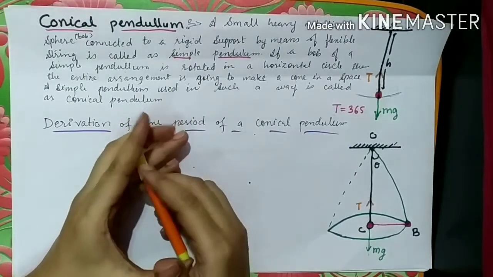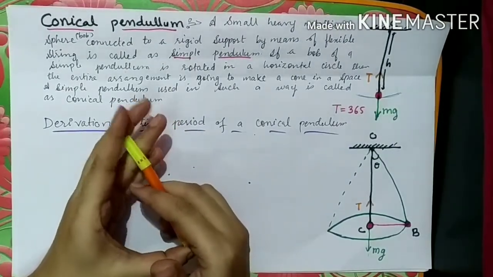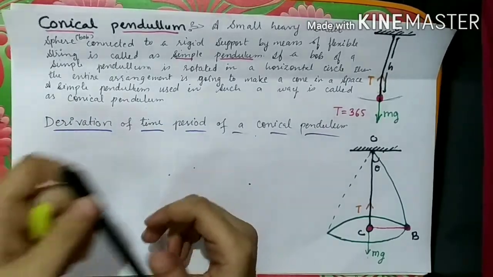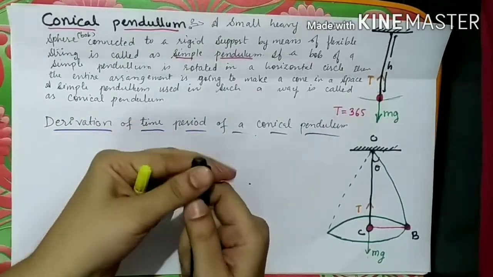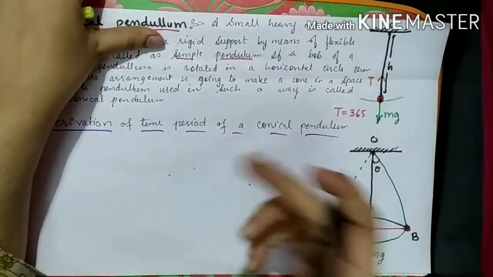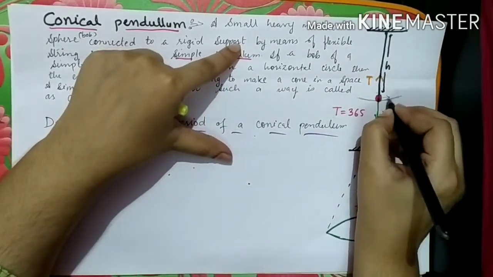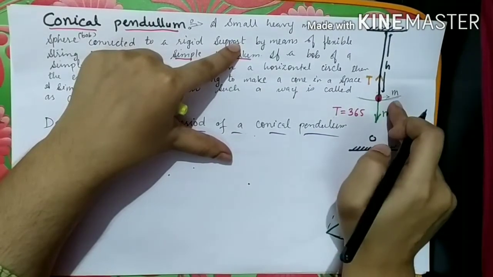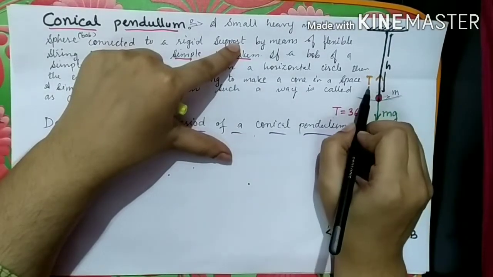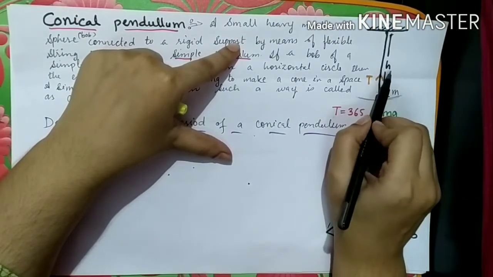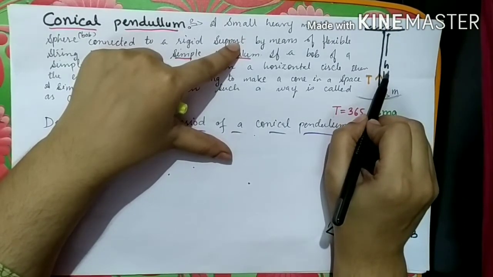Let us calculate its time period. Before that, let us consider certain quantities. Let small m be the mass of the bob, T is the tension acting on the string, H is the vertical height of a pendulum.